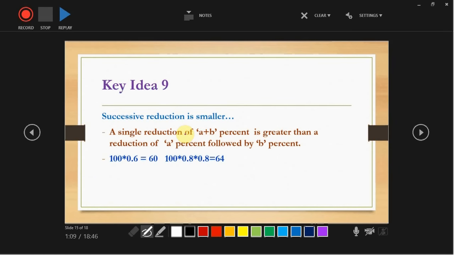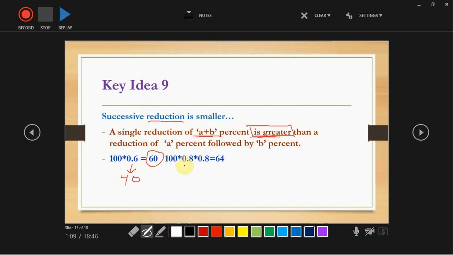So now we move to key idea 9. Just as in the case of increase, in the case of reduction the idea is similar. A single reduction of A plus B% is always greater than a reduction of A% followed by B%. For example, we reduce 100 by a single 40% and we get 60.